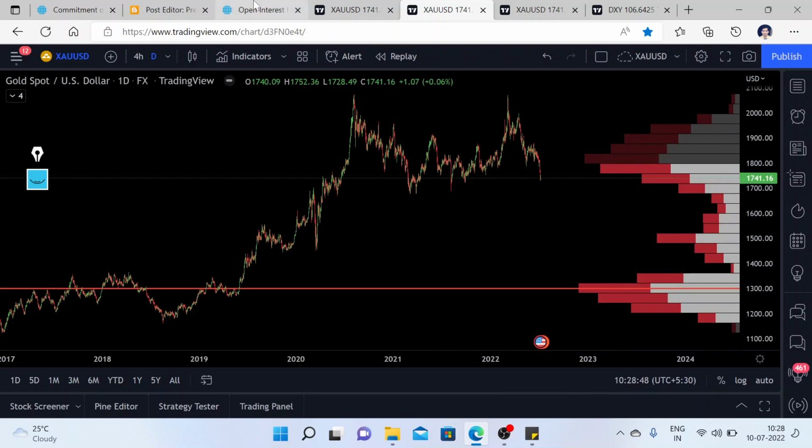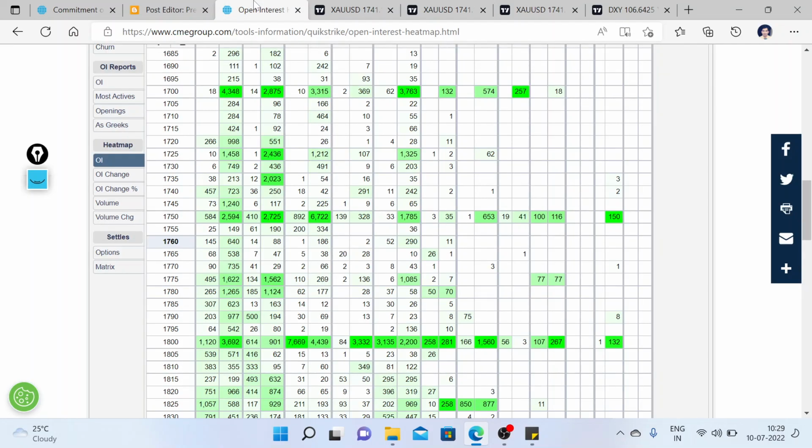If we look at the open interest data, currently we are at the level 1740. Below this level, 1725 is the major support, 1720 is also a support, and 1700 is also a support. Above that, we have 1745 and 1750 as the major resistance.